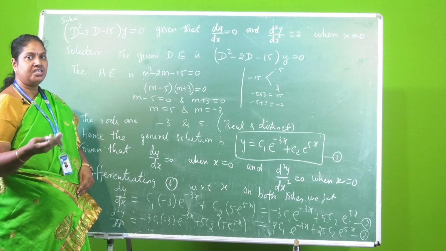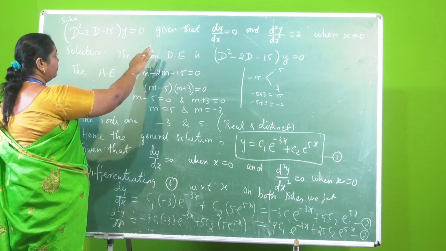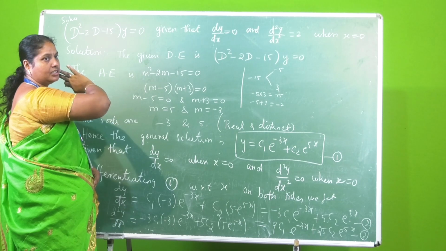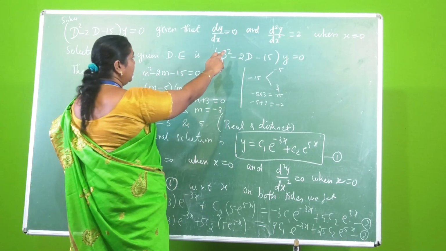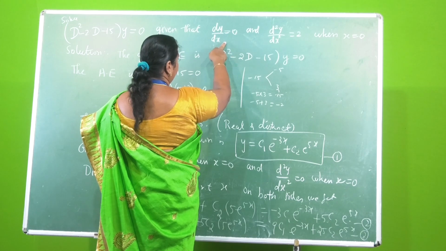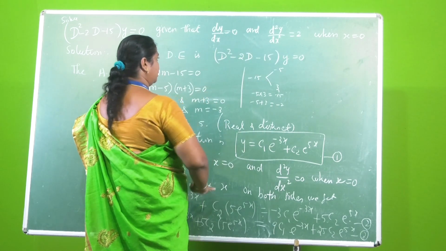Actually, our aim of this module is to solve this kind of initial value problems. That is, we have to solve the differential equation with the conditions given like this: dy by dx equal to 0 and d square y by dx square equal to 2 when x equal to 0.